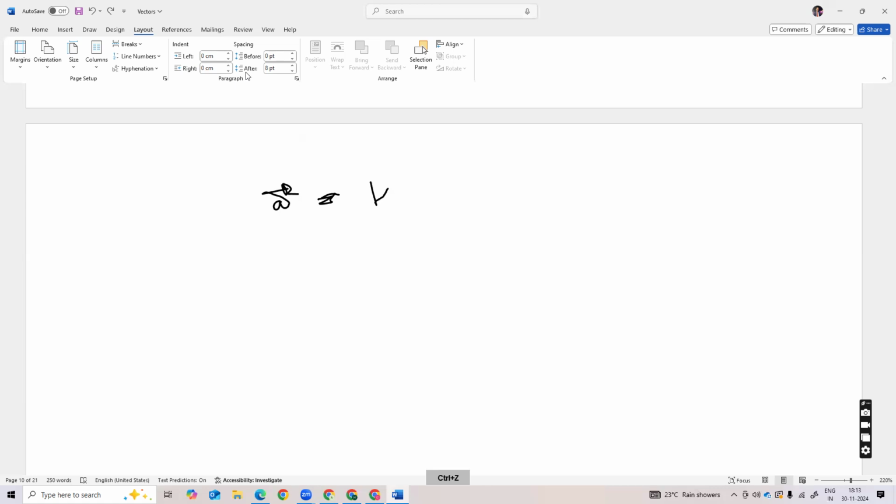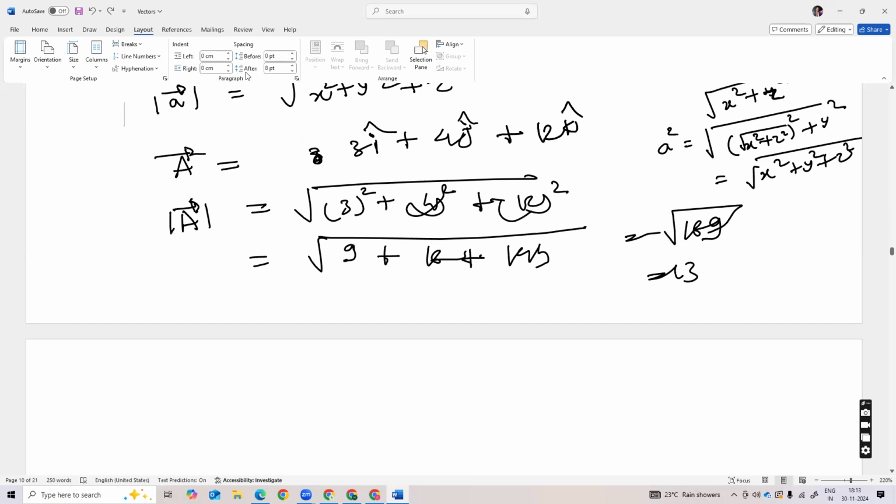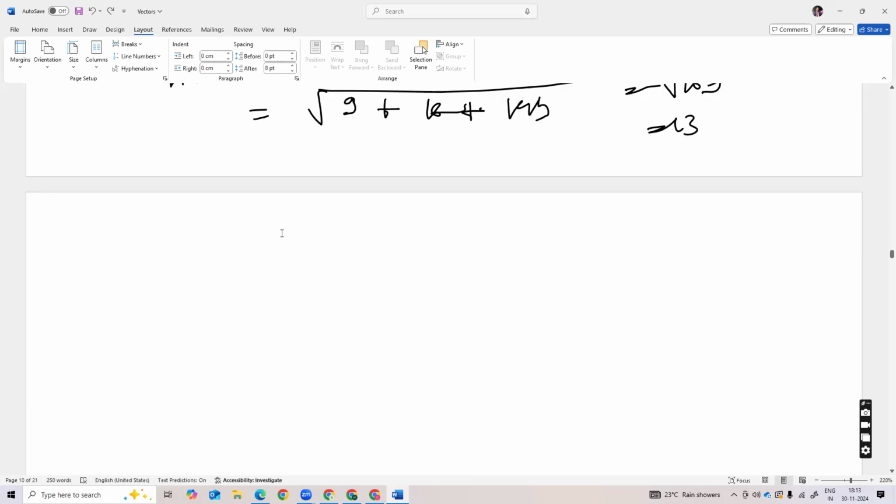So here you can write vector A as its magnitude and the unit vector.